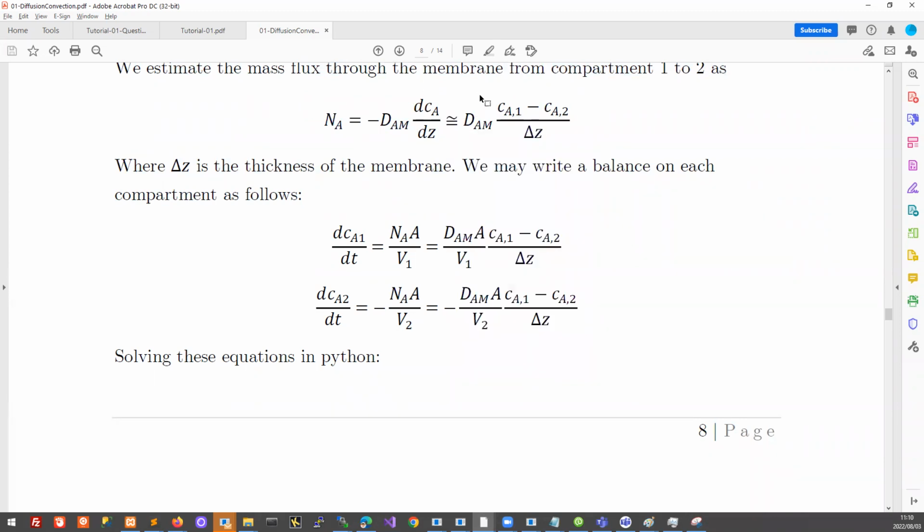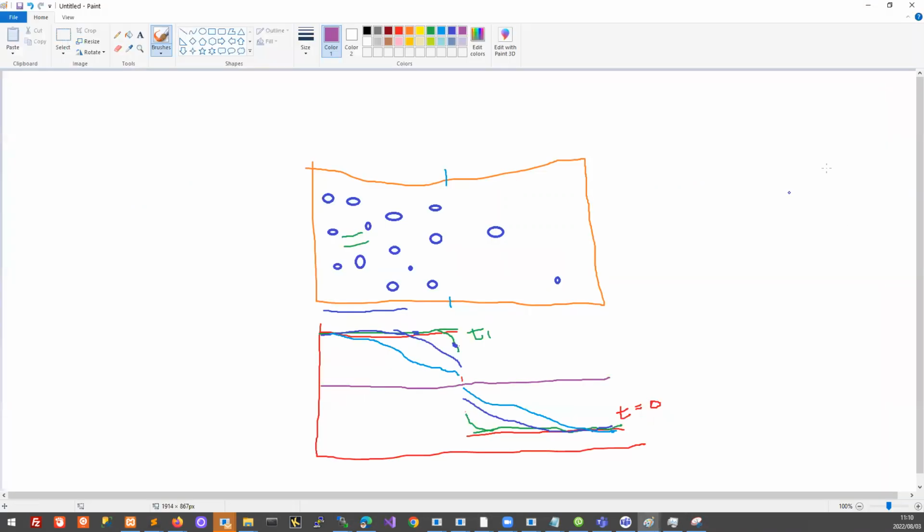But now we actually want to do a mass balance. So it's not enough just to define a flux. A flux by itself doesn't do anything. We make it useful by developing a balance. So if we look at our cell, we can say, okay, in this cell, what is the rate of change of the concentration in that cell?